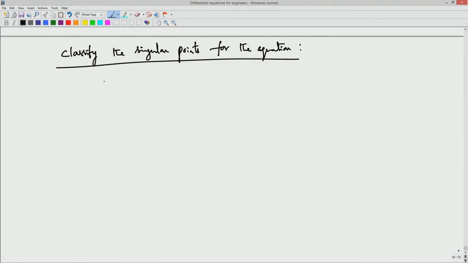Let us say the equation is x^3 (x^2 minus 1) y'' minus x(x plus 1) y' minus (x minus 1) y equal to 0.